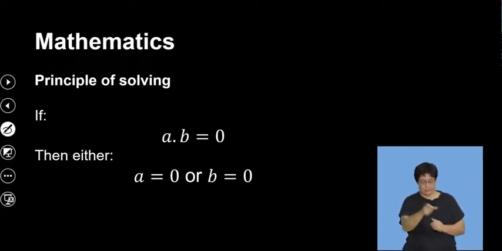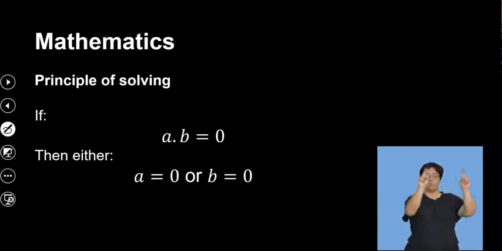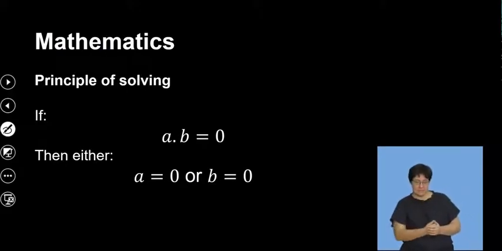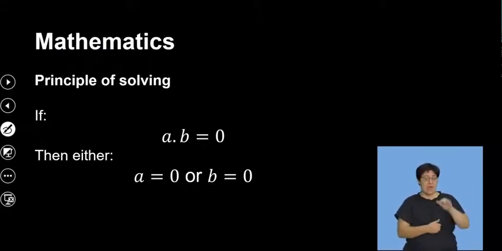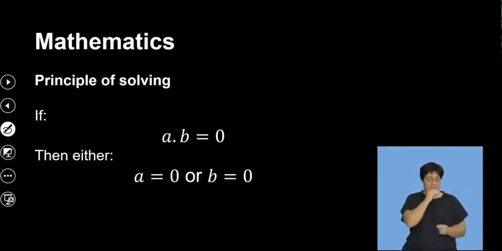So we have what you call the principle of solving. The principle of solving says that if A multiplied by B is equal to 0, then either A is equal to 0 or B is equal to 0. Why is this the case?